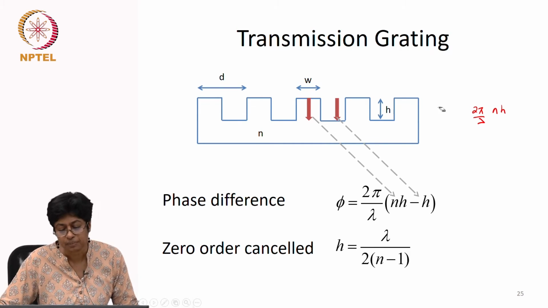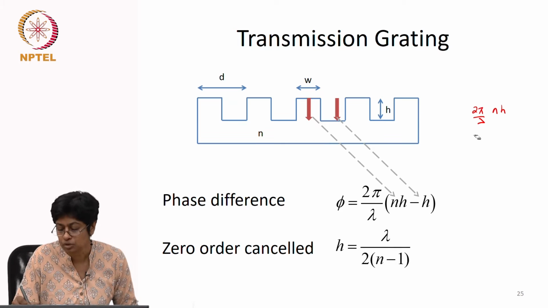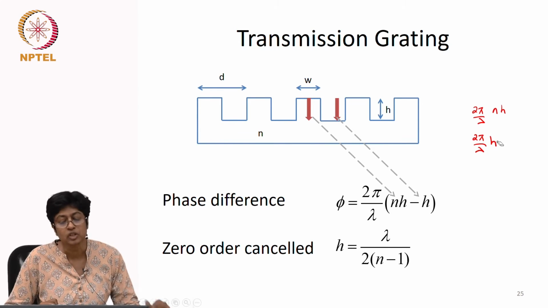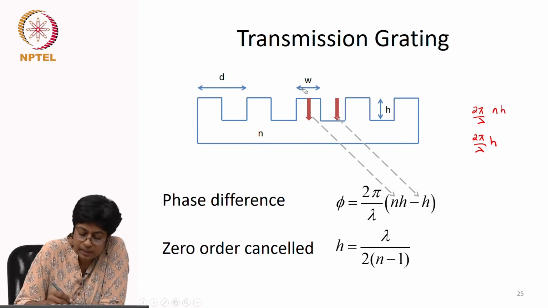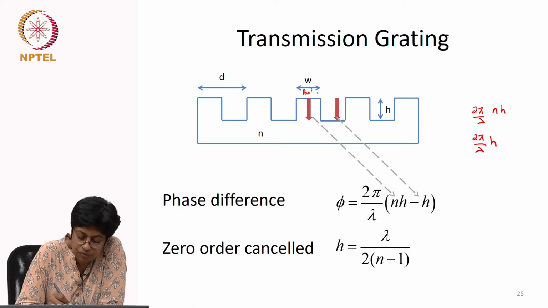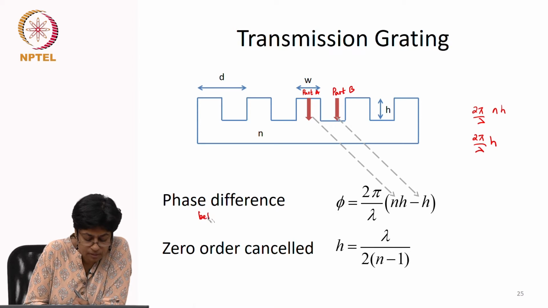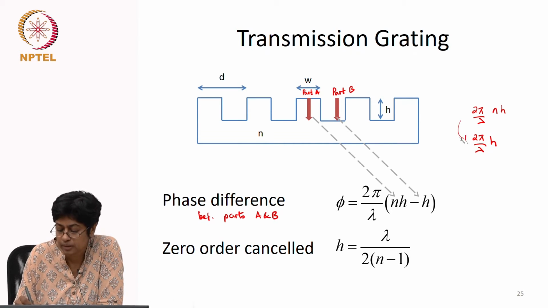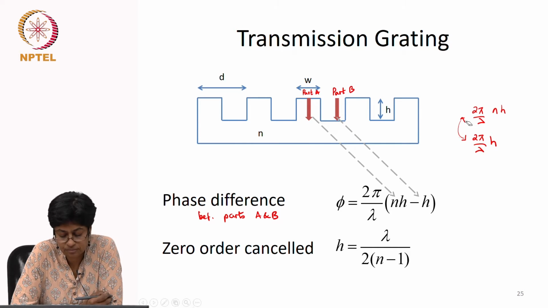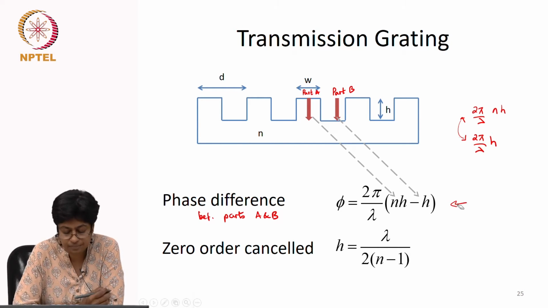The other part of the beam, that is this part, it also would see a phase 2 pi by lambda, but there's no n here because it traveled through air. So the phase difference between, let's say this is part A of the beam and this is part B of the beam, is going to be the difference between these two. And that's what's given over here.